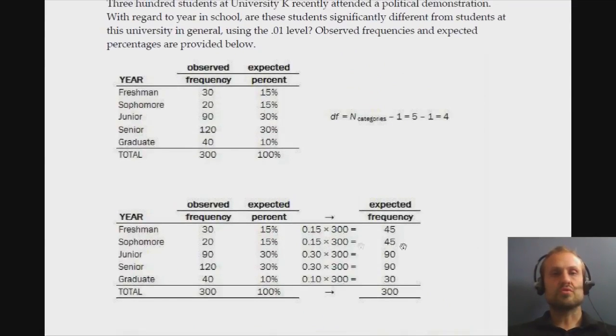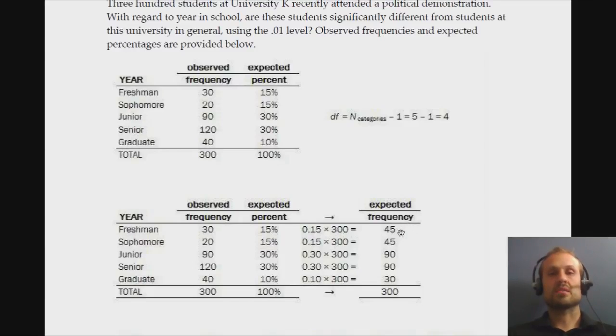Well, what we can essentially do is look at, in our sample, there were 30 freshmen. We expect 15% to be freshmen. So 15% of our sample size of 300 is 45. So if I just tell you there were 300 students, if I go with the expected percentages, I would expect there to be 45 freshmen and 15% sophomores, so 15% of 300 is 45 again.